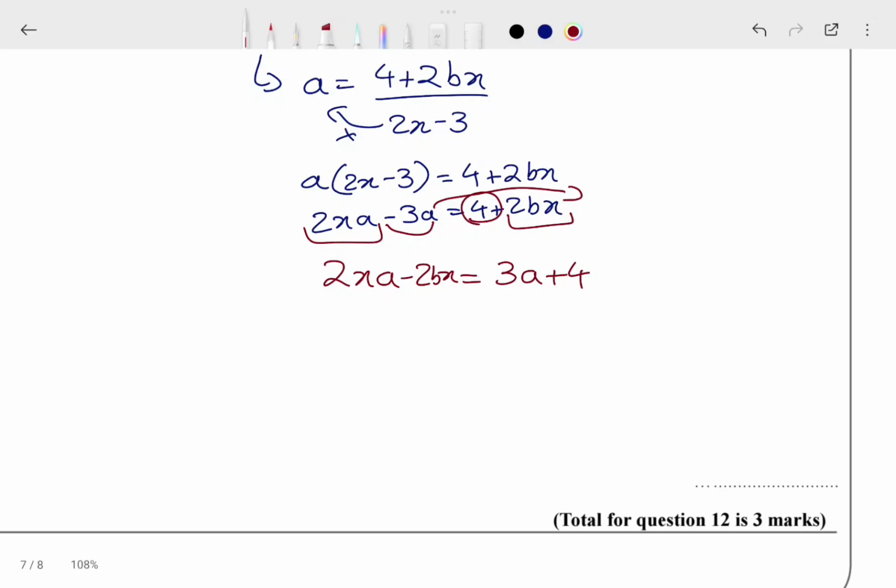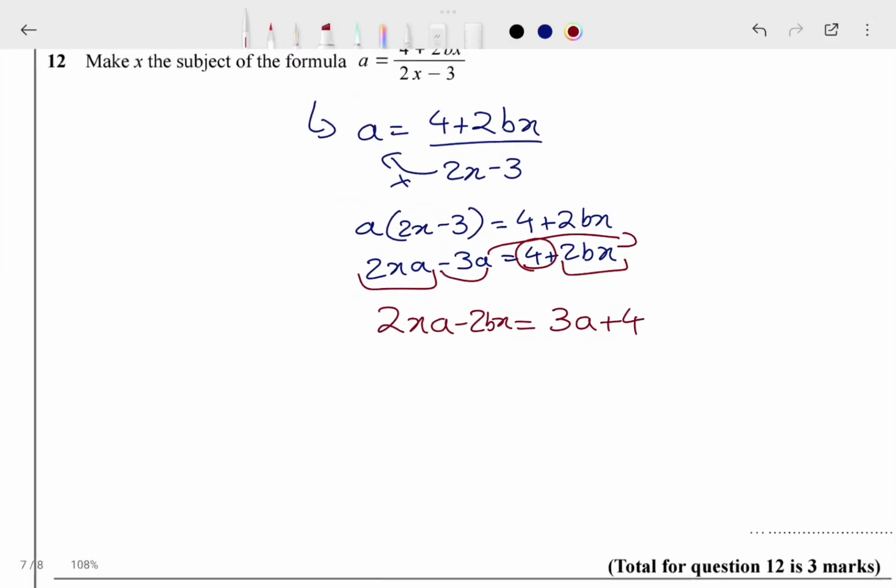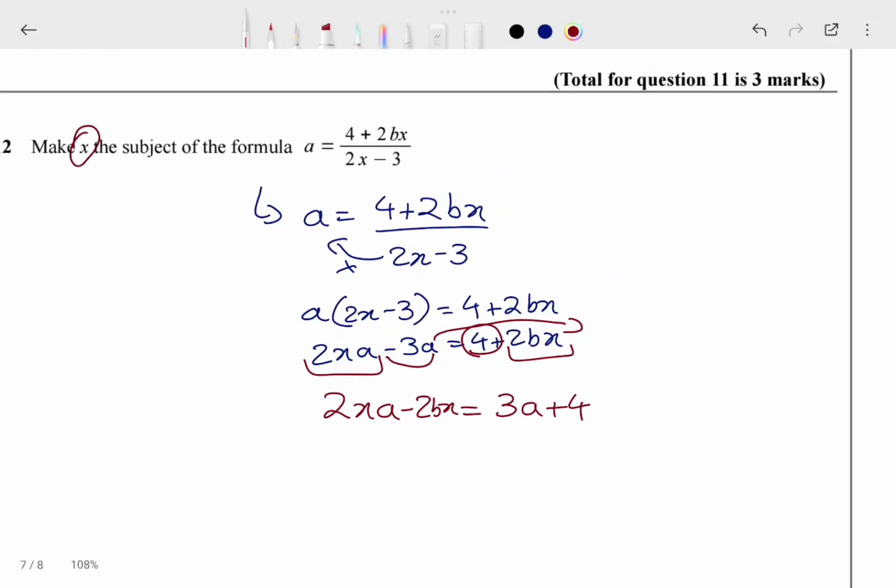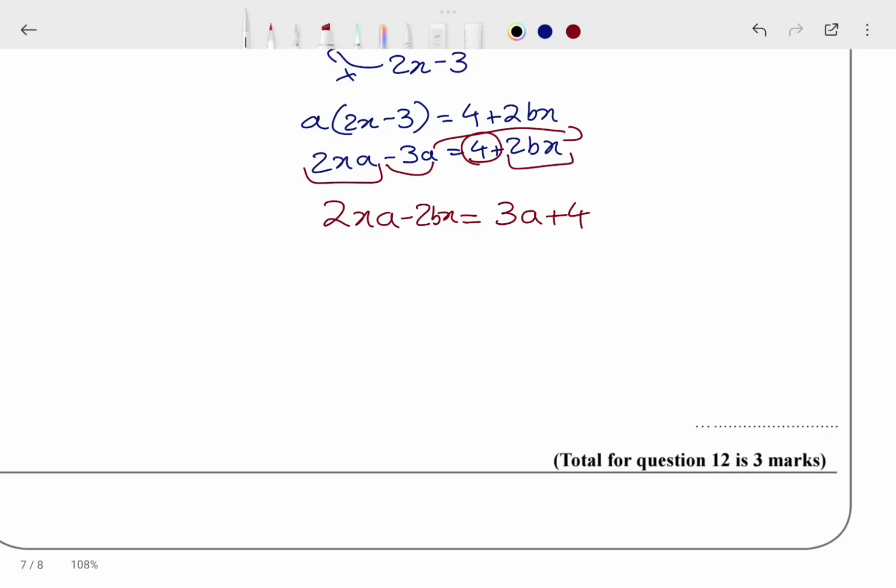Now we can take 2 in common and we can take x in common. Since we want the answer in terms of x, we will take x in common. Let's write x(2a minus 2b). What did I do here?